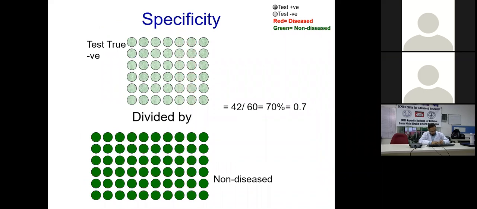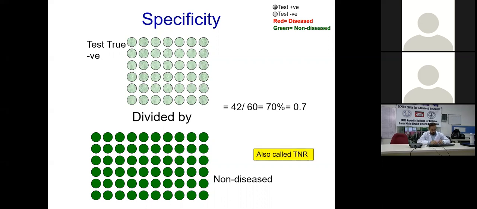Now let's go on to specificity. In specificity, the numerator is the test true negatives and the denominator is the non-diseased. So basically, amongst the non-diseased, those who do not have sepsis, what proportion are CRP negative? That is specificity. So in this case, it is 42 by 60, or in other words, 70% or 0.7.